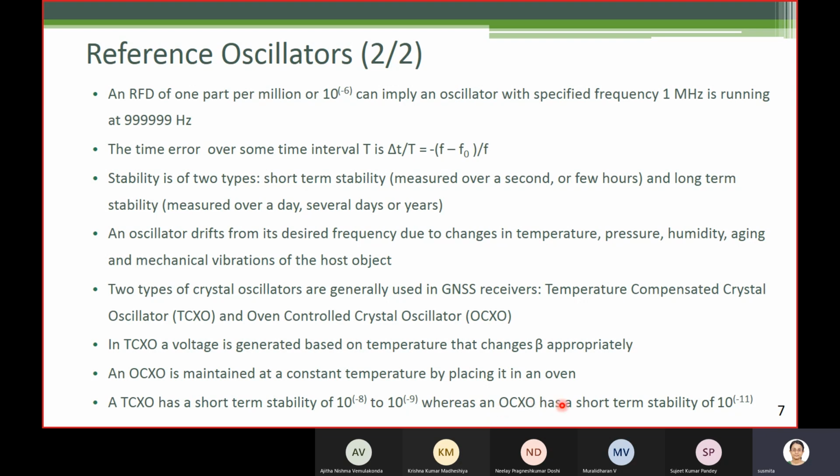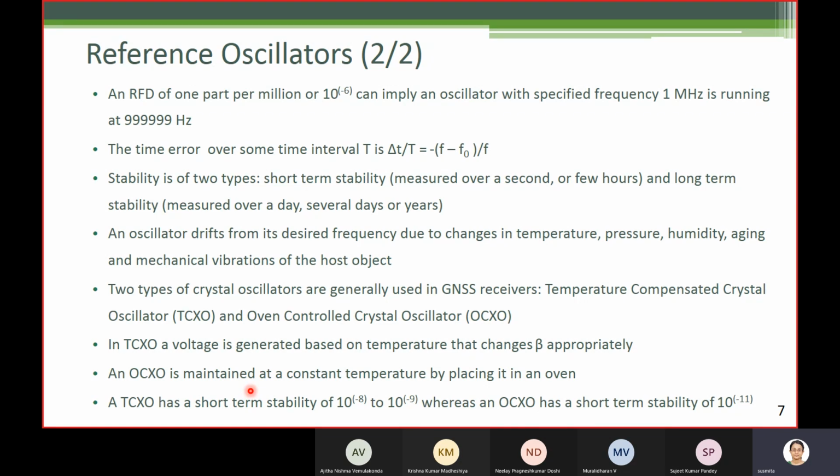Whereas an OCXO gives a much better short-term stability, 10 to the power minus 11. Long-term stability of the OCXO is generally 10 to the power minus 8, whereas for a TCXO it is on the order of 10 to the power minus 6 to minus 7.